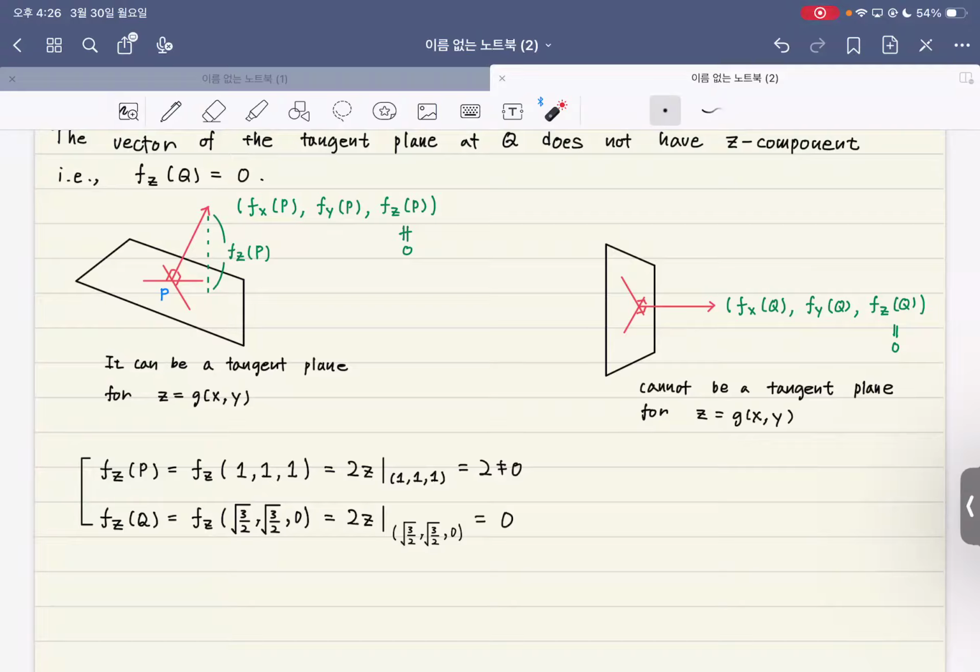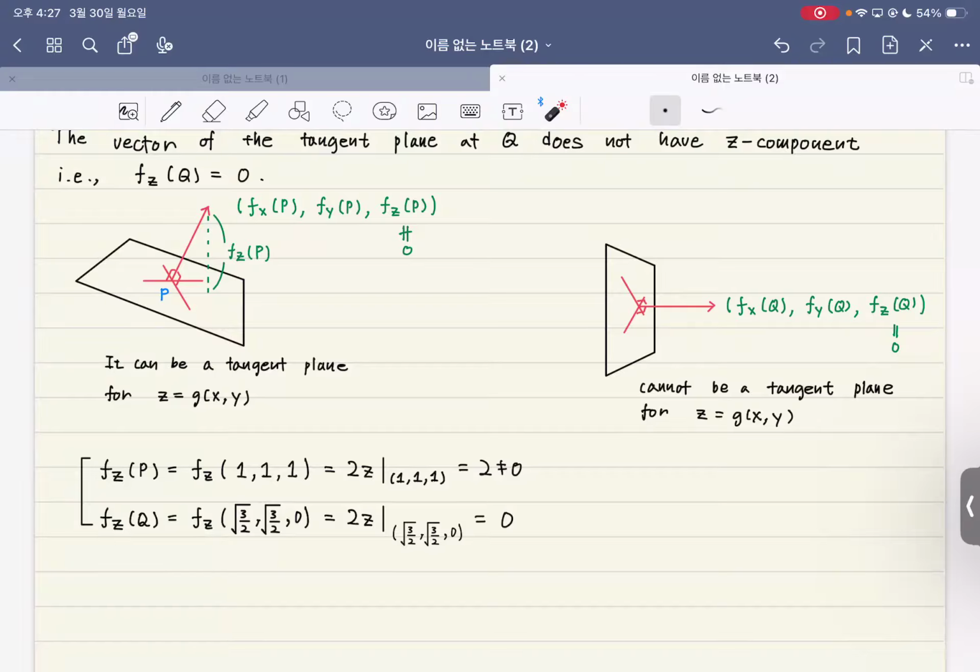Because on these points the tangent planes would look like this, right?